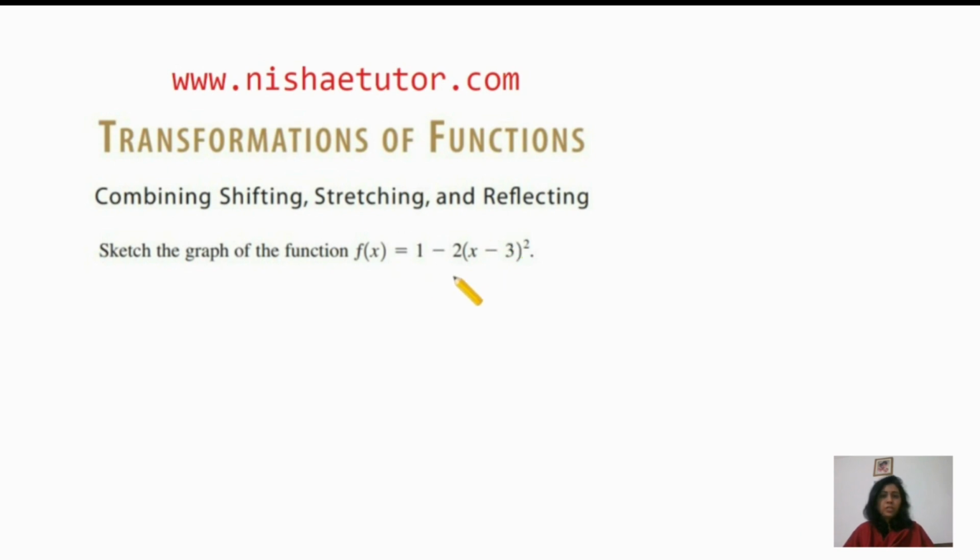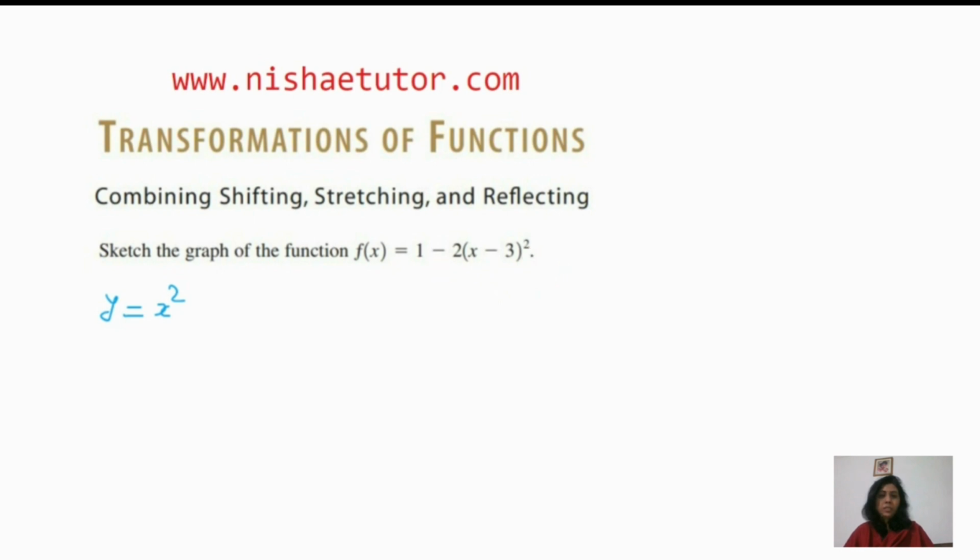So can you see here what is the original function? So here x square, y equal x square. So we start with y = x^2, and then here (x - 3)^2.